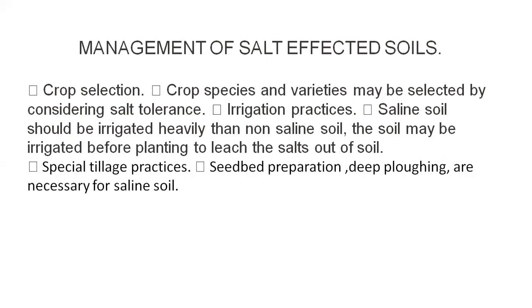Management of salt affected soils: how we are going to manage the crop area. By using crop selection, okay, but a special type of crops should be selected. Crop species and varieties may be selected by considering salt tolerance. You need to use the type of crop that is more tolerant.